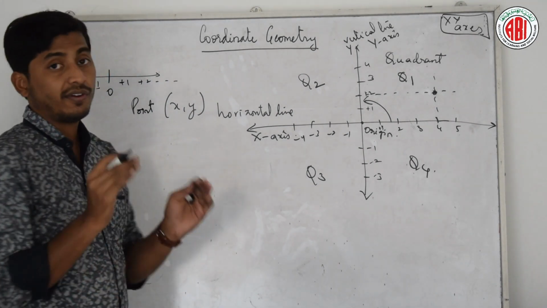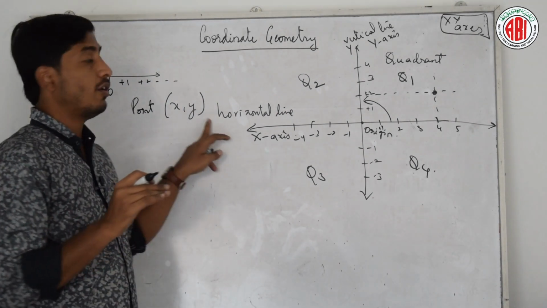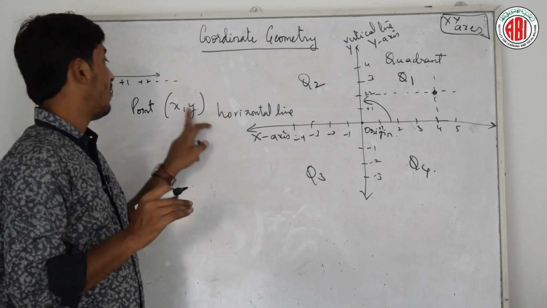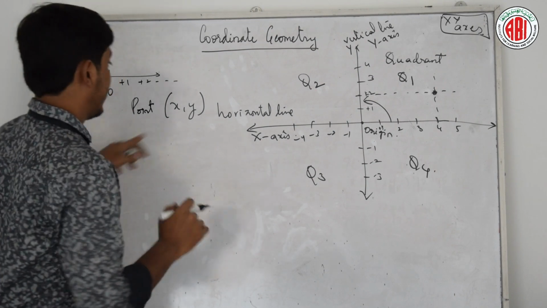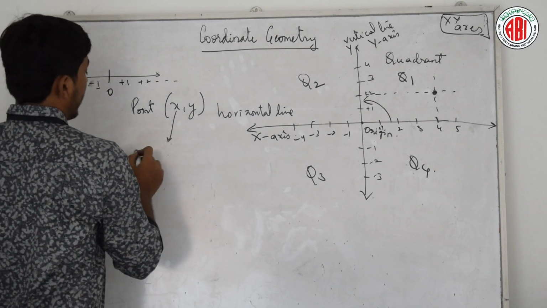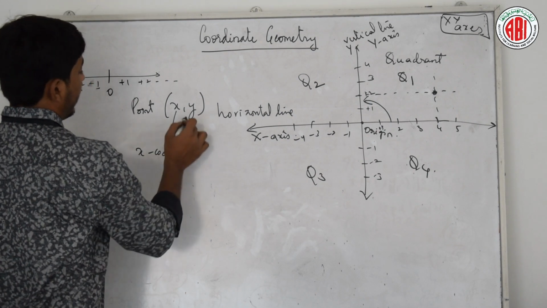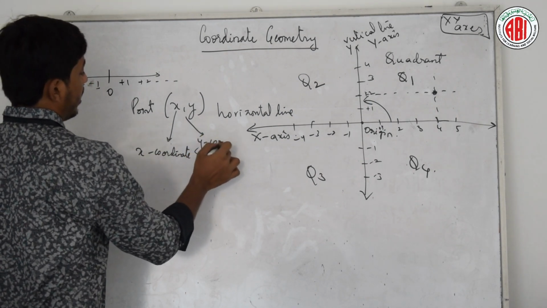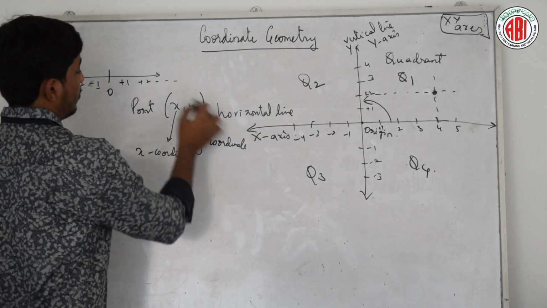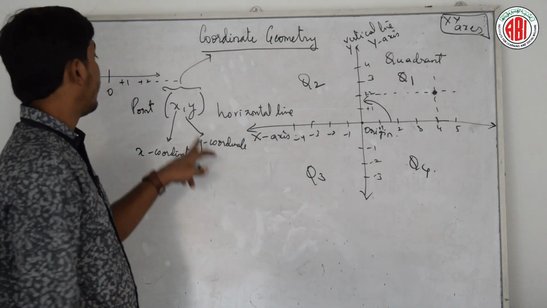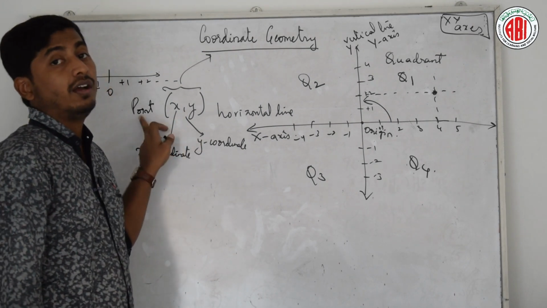Clear? This is an open bracket. What is this x? x is called the x-coordinate, and y is called the y-coordinate, and both together are called coordinates. These are the coordinates of a point.